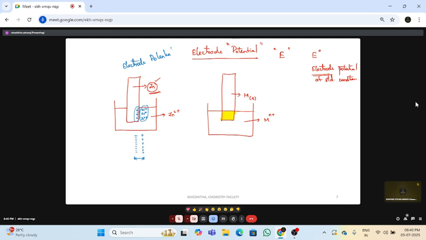And we have two types of electrode potential. Here, the metal was oxidized, right? So the potential developed because of oxidation is called oxidation electrode potential, or it is also called oxidation potential.